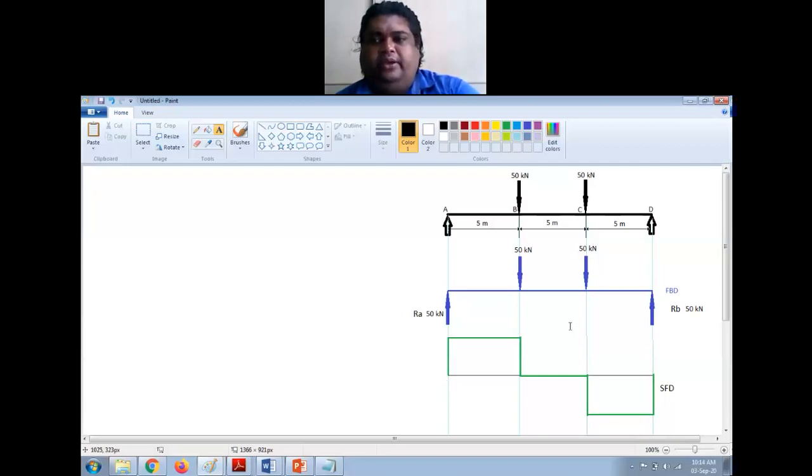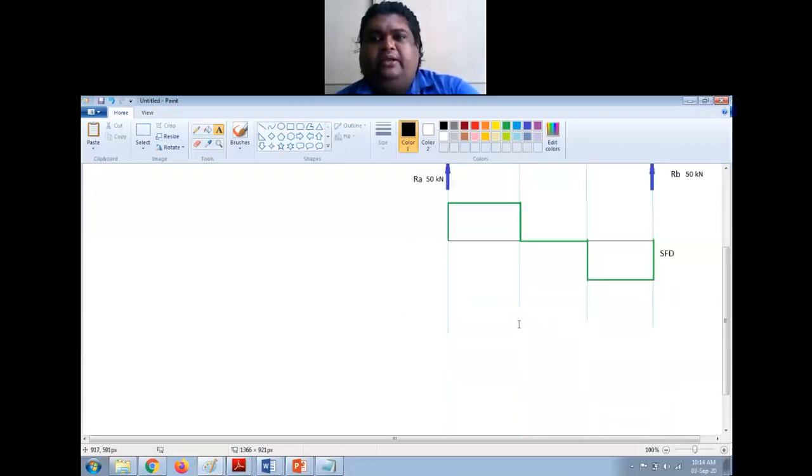Okay. Now the next part is to calculate and draw the bending moment diagram. So I need more space here. So I'm just extending these lines. Okay.